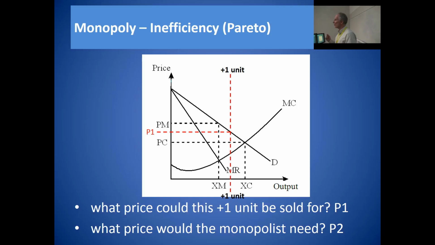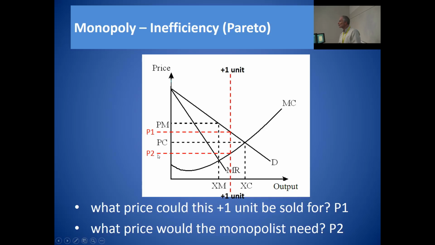what does it cost the monopolist to produce that one extra unit? Or what is the marginal cost of that one extra unit? Well, that's our one extra unit. There's the marginal cost curve. And so there is the marginal cost of that one extra unit.